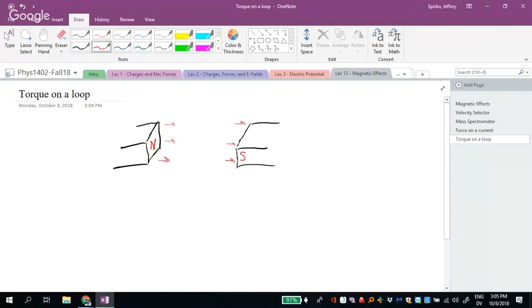Now, what are we going to put in there? We're going to put a loop. So I'm going to draw an axle, and then have that axle meet up with a square loop like that.